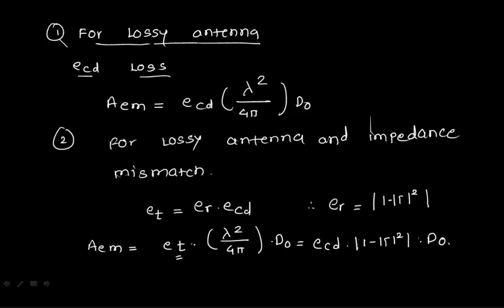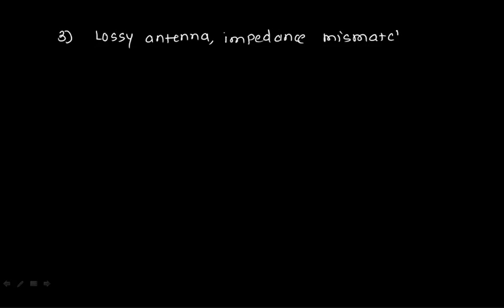In the earlier condition, your antenna is lossy, but there is no mismatch in the impedance. Now the third condition: for a lossy antenna with impedance mismatch and a polarization loss. So what is your third condition? You are having all the losses: a lossy antenna, impedance mismatch, and polarization loss factor.